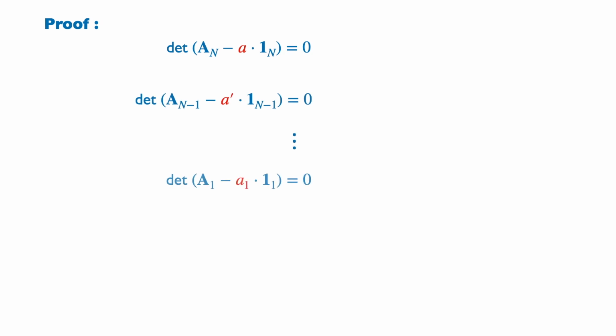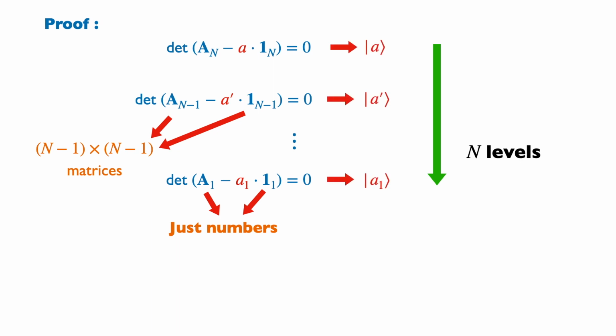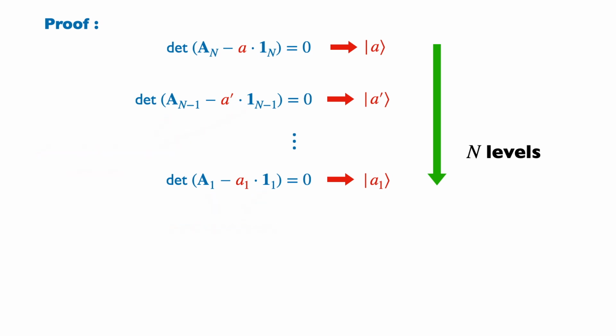This argument of using the fundamental theorem of algebra can be repeated n times until at last we reach a polynomial of degree 1 and the matrices in the determinant equation are now just numbers. This is then the last iteration. At each level, a new eigenvector of operator A can be extracted from a subspace that is orthogonal to the previously found eigenvectors, relabeling a and a' with a_n and a_{n-1}.